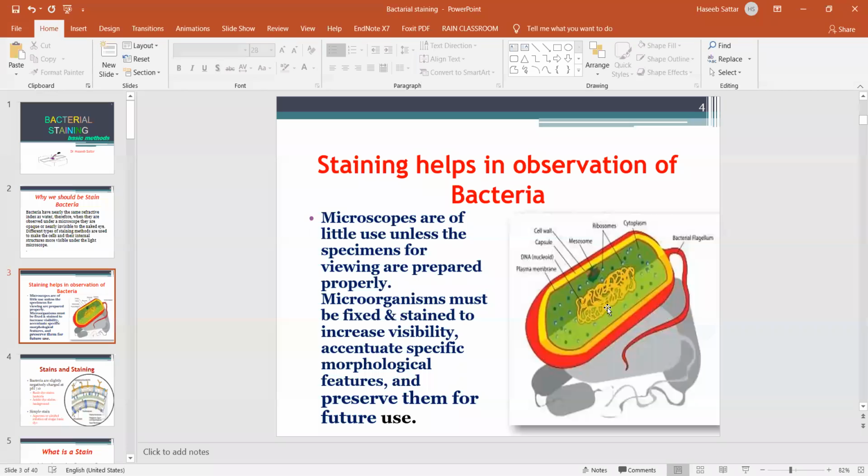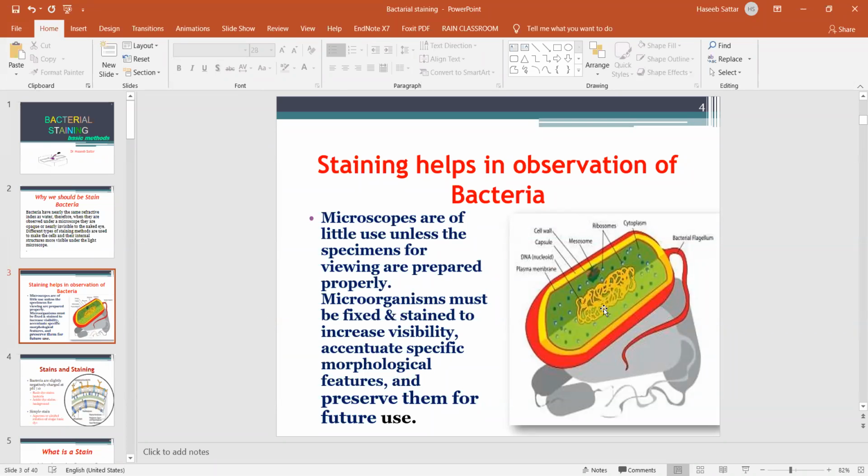After staining, we can easily make the identification. We can see the morphological structures, the cell wall, and even some small cell organelles in the bacterial cell under the microscope.